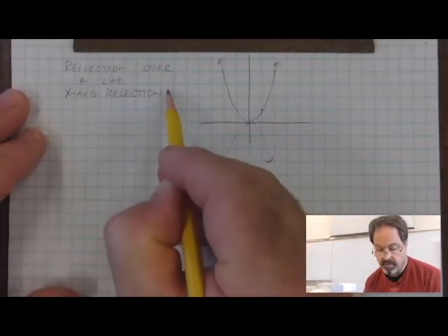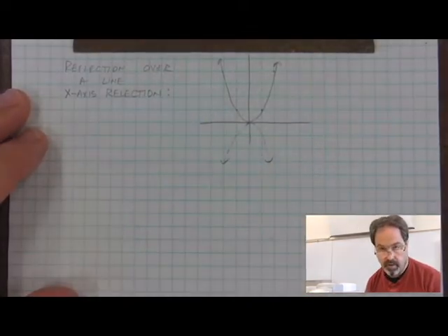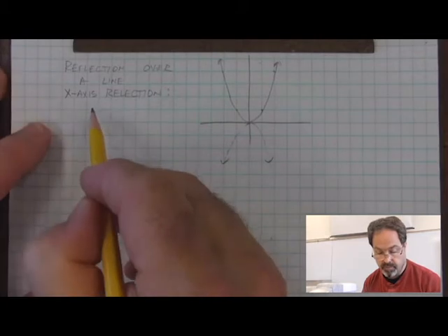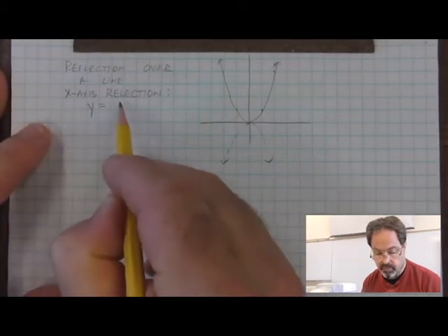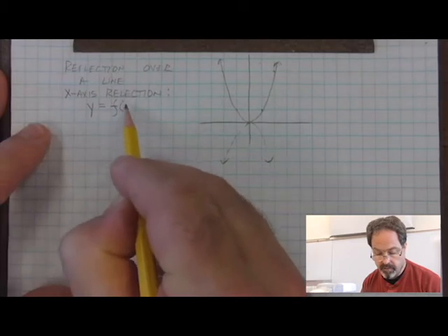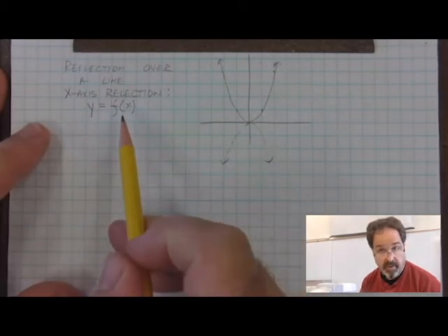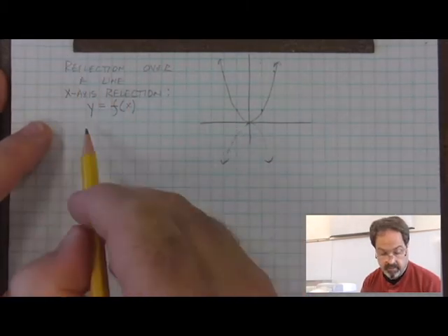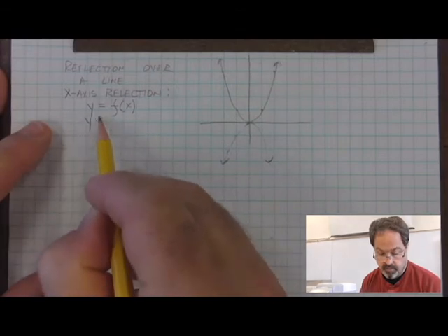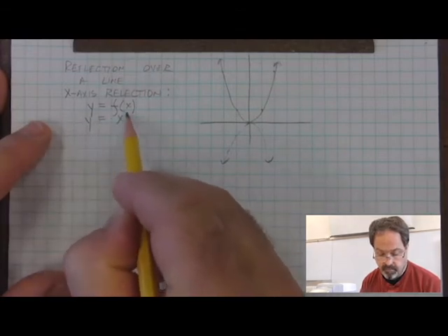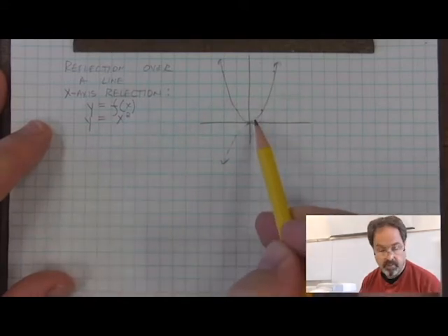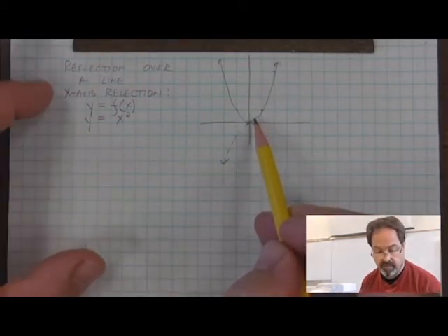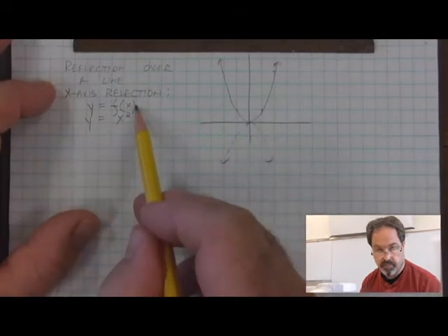How would I do that with the equation, or how would I do that mathematically or algebraically? In general, we can start with y equals f of x, where f can be any function, and in this case we're using the x squared function, the parent quadratic, which graphs the parent parabola. So how do I accomplish an x-axis reflection with a function?